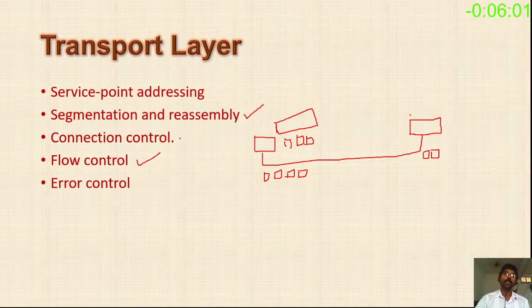Next one is called connection control. In connection control, there are two types. One is called connection oriented and the other is called connectionless protocol. In connection oriented protocols, what happens?